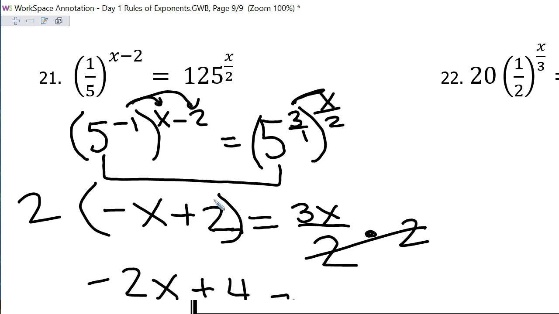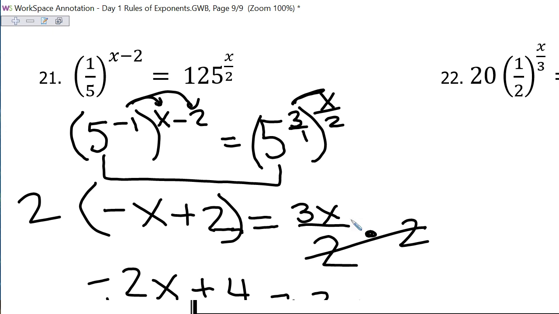Plus 4. That equals 3x. What's next? Add 2x to both sides. So 4 equals 5x. And the last step? Divide both sides by 5. And what does x equal? 4/5.